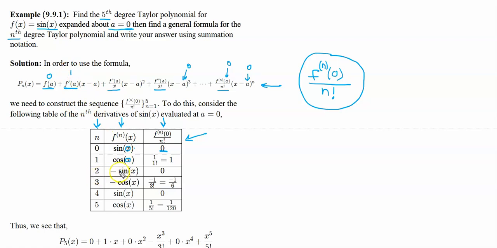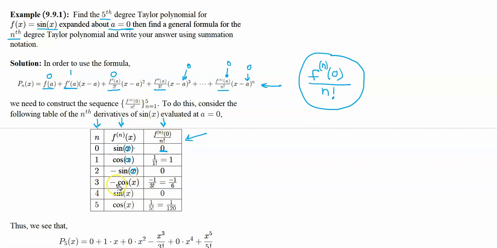When n is 2, the second derivative of sine is negative sine of x, so we put 0 in here. That's the a. Sine of 0 is 0. Technically we would be dividing by 2 factorial here, but 0 divided by 2 factorial is just 0 again, of course. And so this term right here is going to be 0.